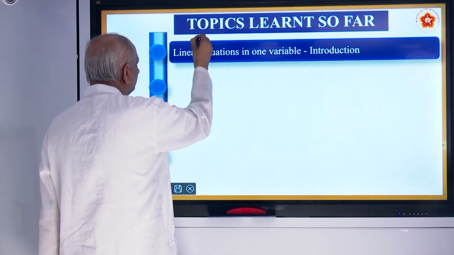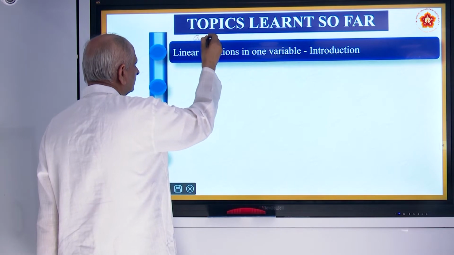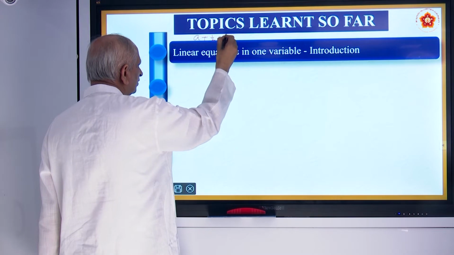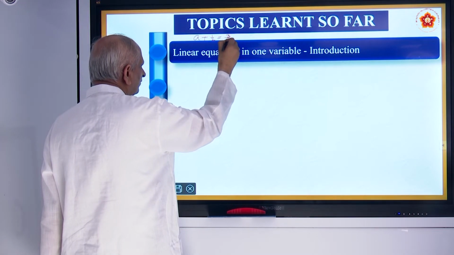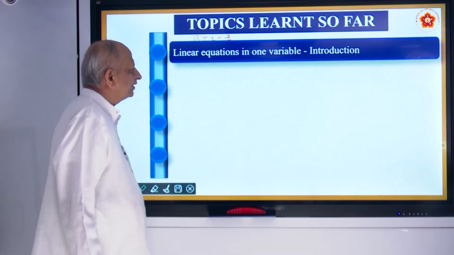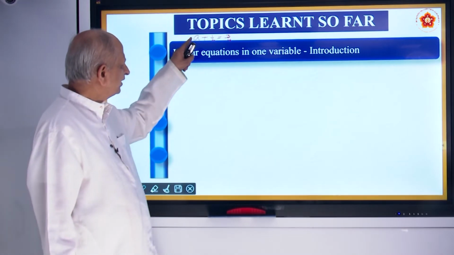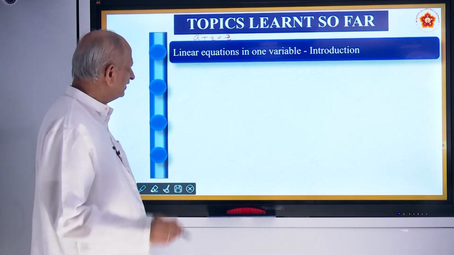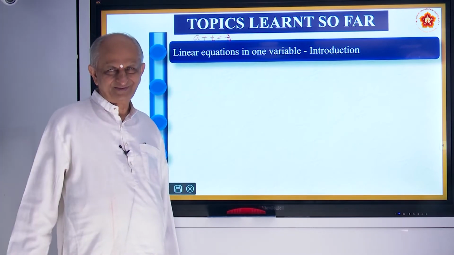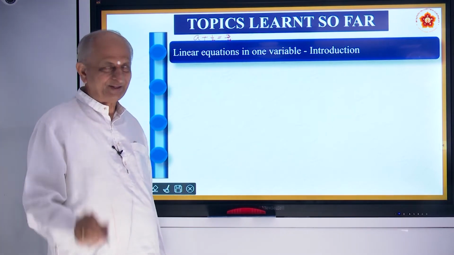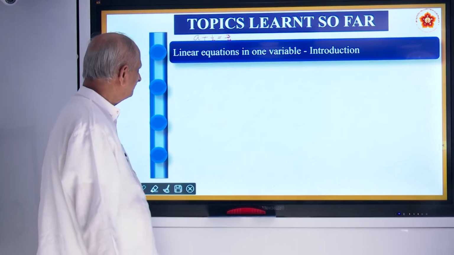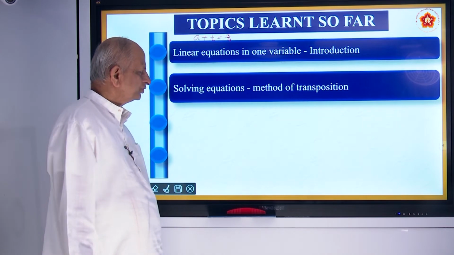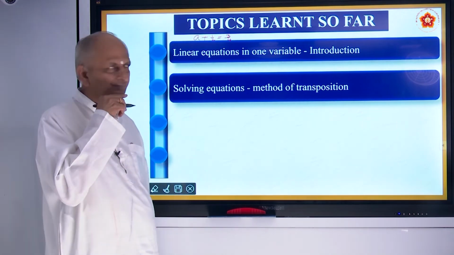Suppose you have a plus half is equal to 3 by 4. Here the degree of the unknown is 1. Therefore it is called a linear equation. It is also called a simple equation. And also we have studied solving an equation.